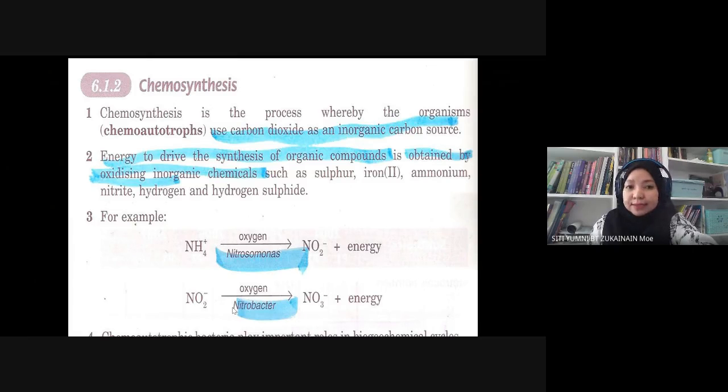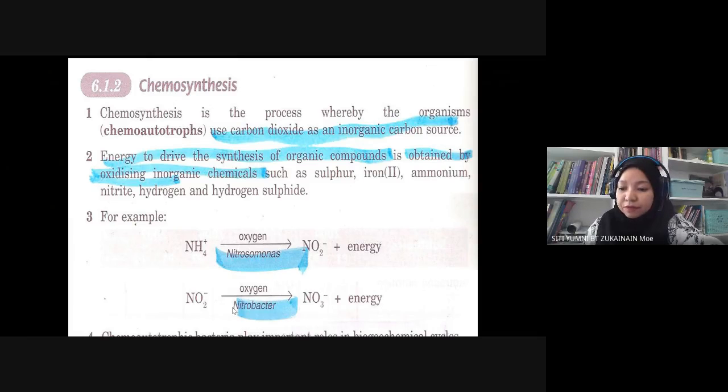Energy to drive the synthesis of organic compounds can be obtained by oxidizing inorganic chemicals such as sulfur, iron II, ammonium, nitrite, hydrogen, and hydrogen sulfide.